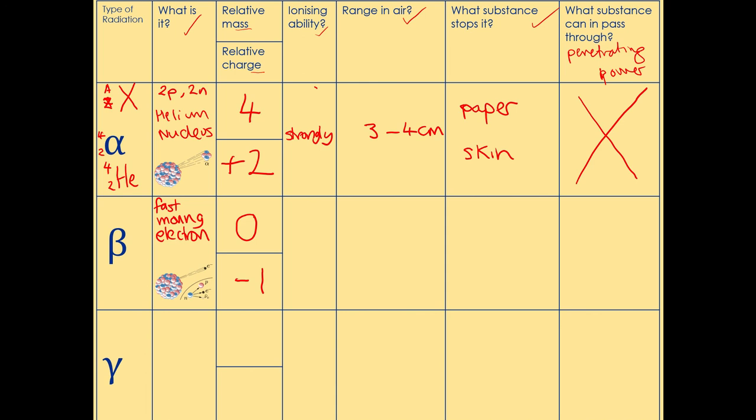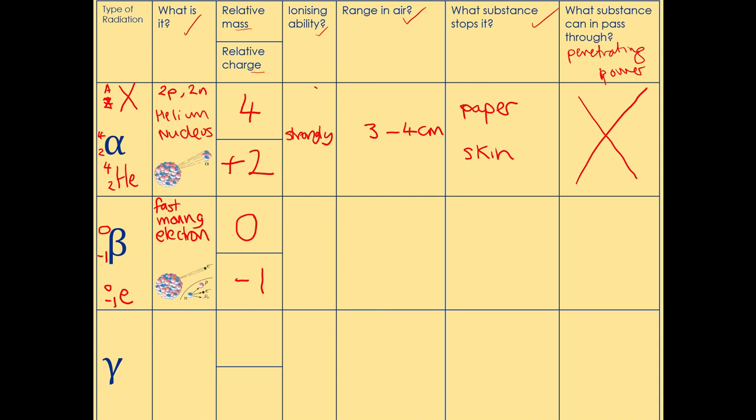So if we write our beta in AQA notation, the mass at the top is 0, the charge at the bottom is -1. Occasionally you'll see this written with an e for electron instead of the beta symbol. Either is fine. I tend to use beta, so I'm going to put 0 at the top and -1 at the bottom.